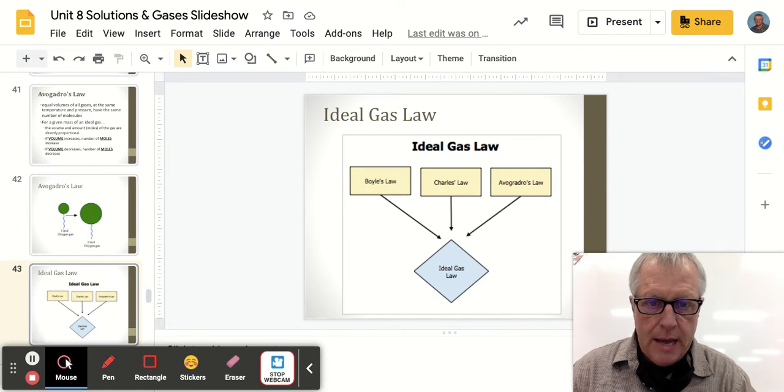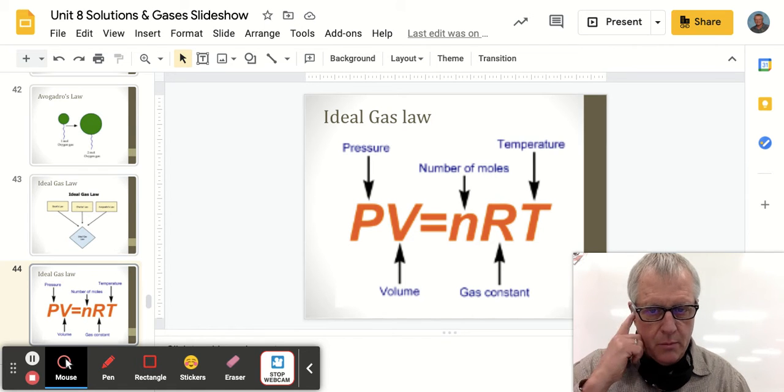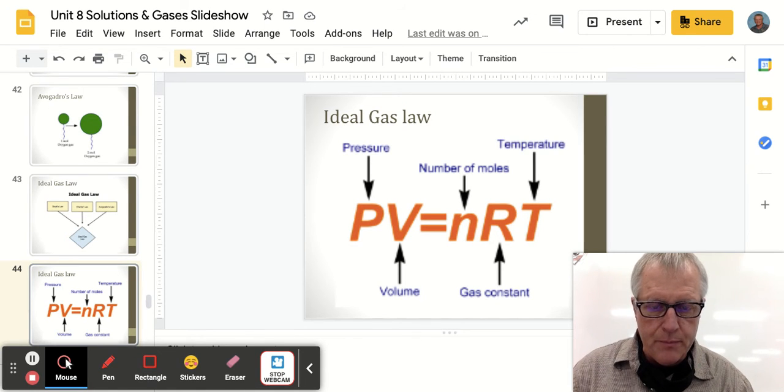Now the ideal gas law, which is what we're going to be working with this week, brings all those things together. So what does it look like? P is pressure, V is volume, n is the number of moles. We've learned how to calculate moles, so that shouldn't be a problem. We're introducing something called the gas constant, R. This is a number that doesn't change, so you'll have this set number to work with.